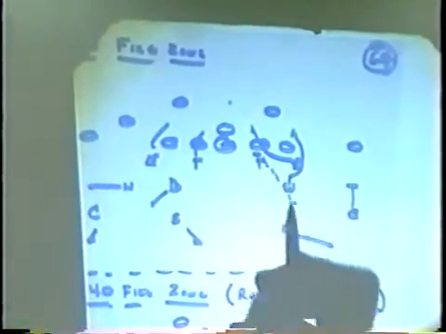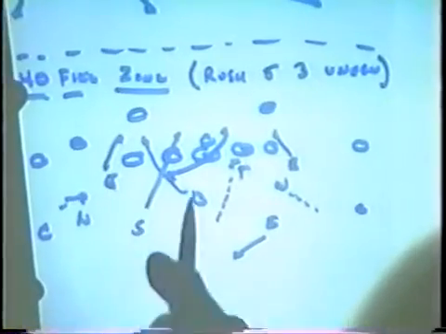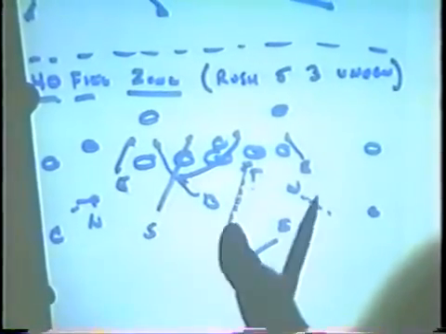Now, if you were to talk about fire zones, there are lots of different ways to do it. Here we are in a situation where we're bringing the outside backer now with the defensive end, and now the tackle's dropping out of there. Then there are times when you bring 5, bring a safety, a backer, and these 4 guys, 1, 2, 3, 4 outside guy here and drop here and play a 3 under zone.